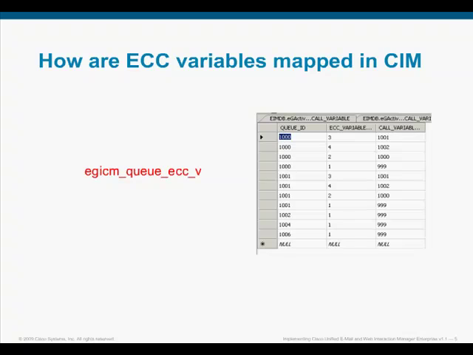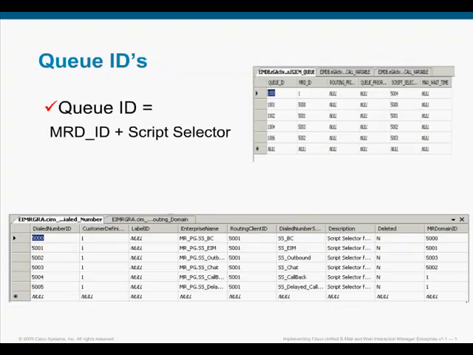The EGICM_Q_ECC_variable table from the EGActiveDB shows the CIM mapping of the ICM ECC variables to the CIM queue. The ECC variable ID is a number defined in the EGICM_ECC_variables_name.properties file we just discussed in the previous slide.